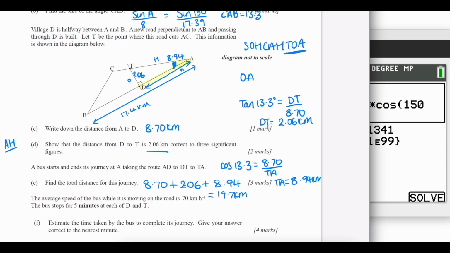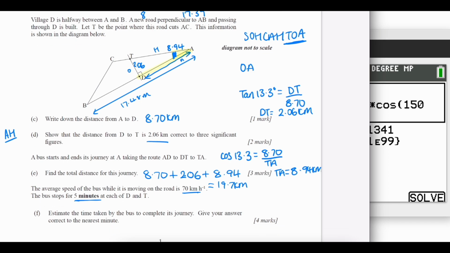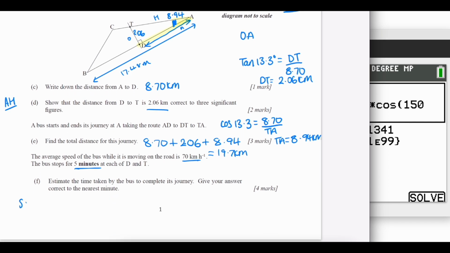And then for F, it says that we need to estimate how long the bus takes to complete that journey, and it tells us that it's traveling at 70 kilometers an hour, and it stops for 5 minutes at each stop. We know that speed is equal to distance over time, and that's given to you in your formula book as well.